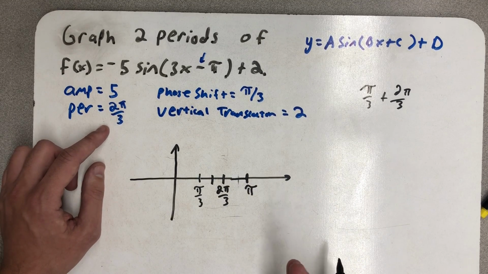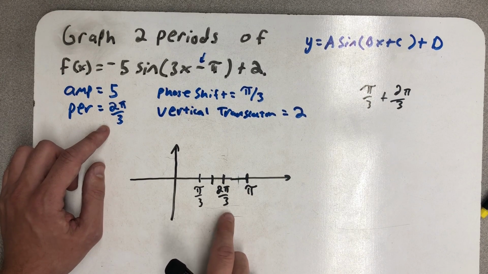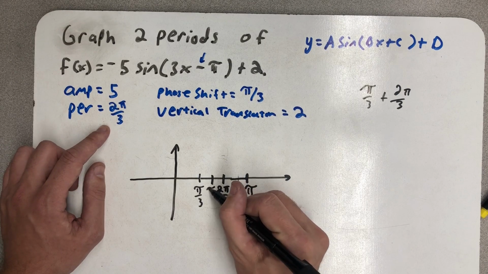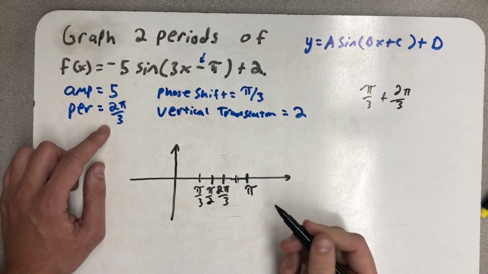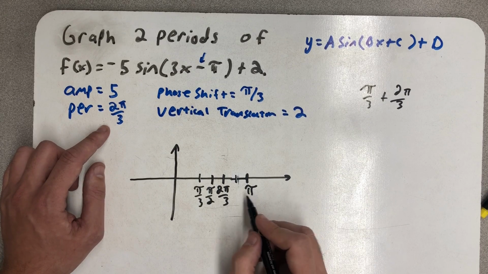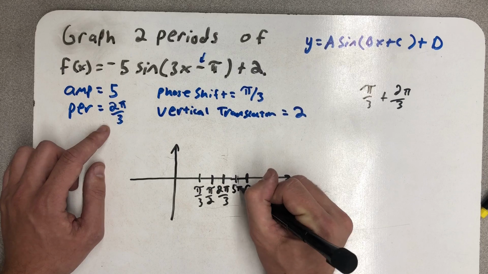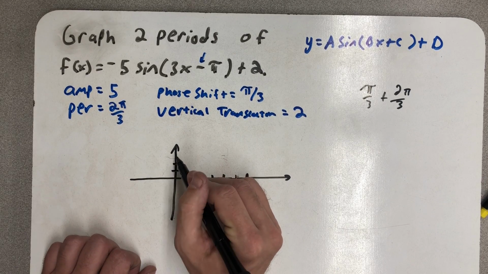I like just finding middles of 2 spots, so I can think about averaging these numbers. So that's 3 pi over 3, or pi divided by 2 would be pi halves. And then just thinking about doing that again, I'd have 5 pi thirds divided by 2, which is 5 pi over 6. And that's enough information to get 1 period sketch, so I'm going to go on and do that much.